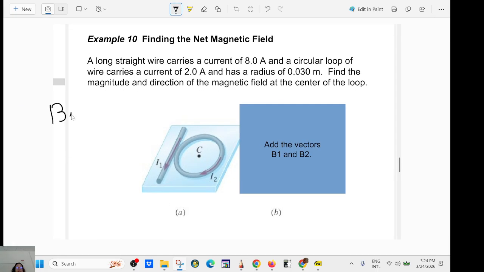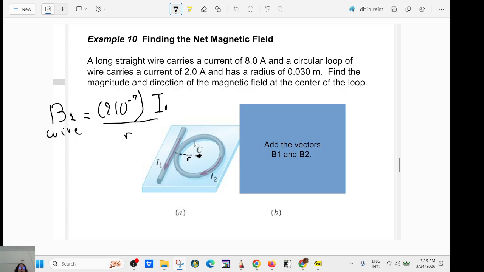So you have the magnetic field at point C produced by the current I1. Is that a loop or a wire? Very good, it's a wire. So I'm going to use the simple equation, 2 times 10 to the negative 7, and then the current I1, at a distance R here. So circle around.